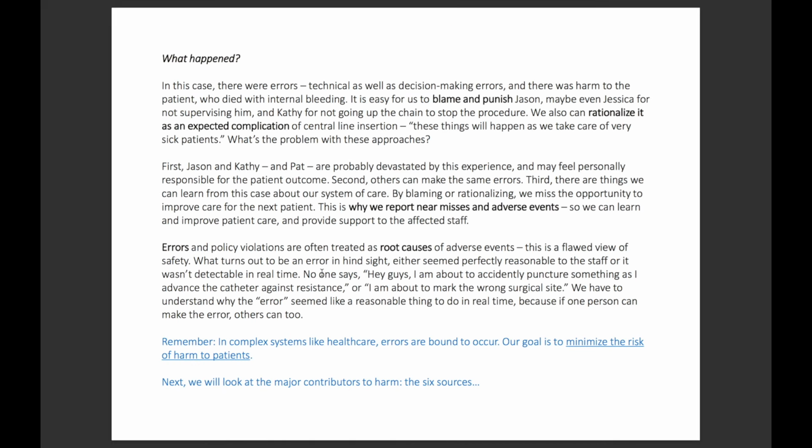So let's talk about what happened. In this case, there were errors, technical as well as decision-making errors. And there was harm in this case to the patient who died. So this was a case with harm. And I will tell you something in these cases that's always true.